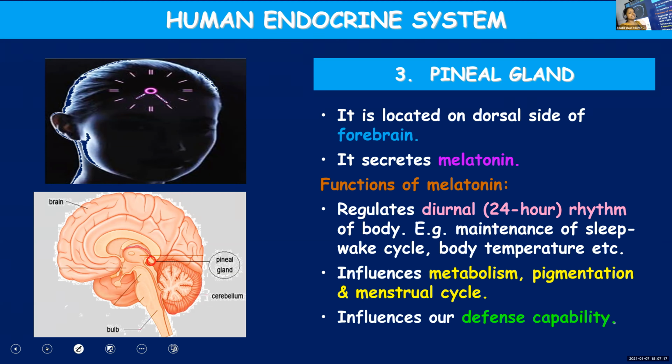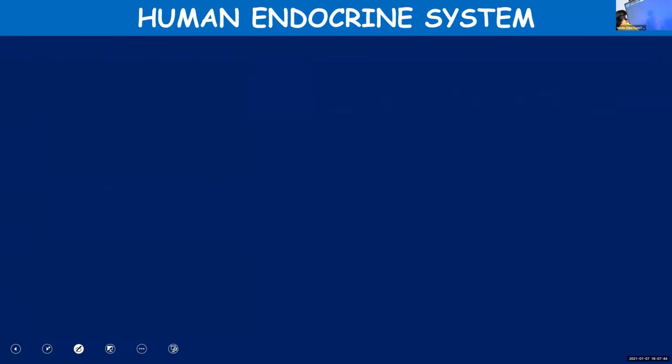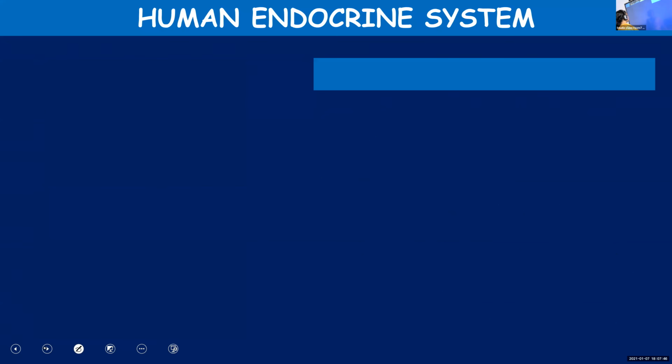It also influences our defense capability, our ability to defend in an emergency situation. So your diurnal rhythm, metabolism, pigmentation, menstrual cycle, and defense capacity are all regulated by melatonin produced by the pineal gland.